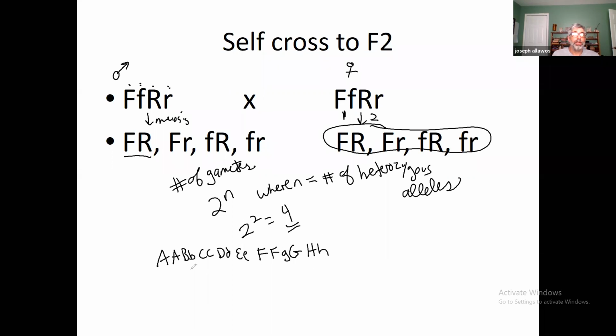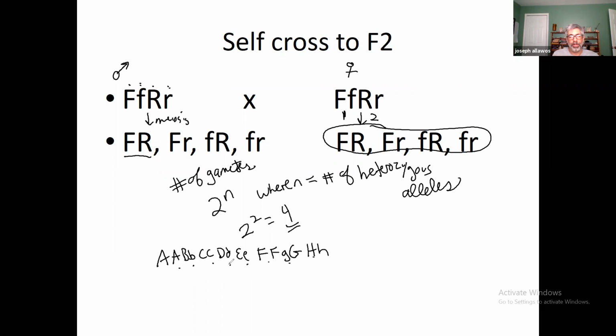And I said, okay, now we're following 1, 2, 3, 4, 5, 6, 7, 8 traits. Oh my goodness. Across, you know, parents to offspring. And I want to know how many gametes this parent can make. Jeez Louise. I would never ask you to do this.